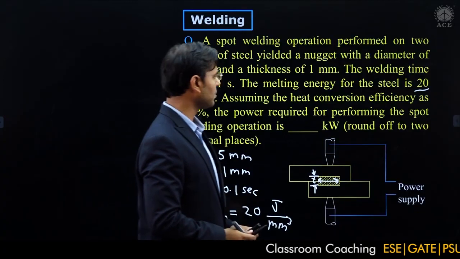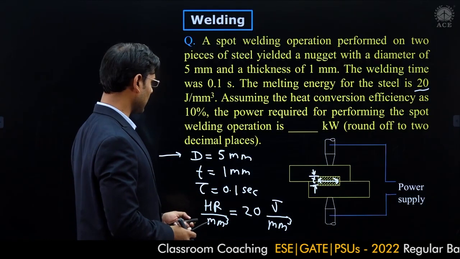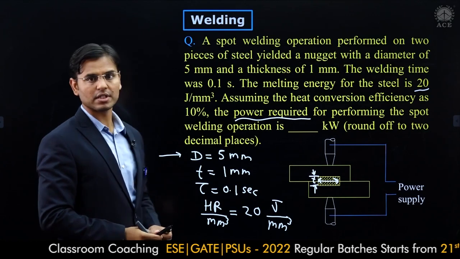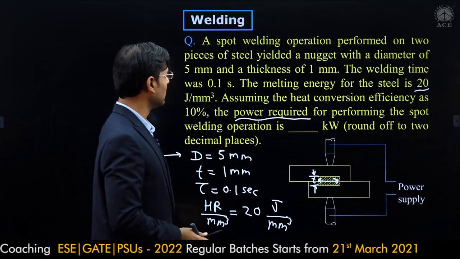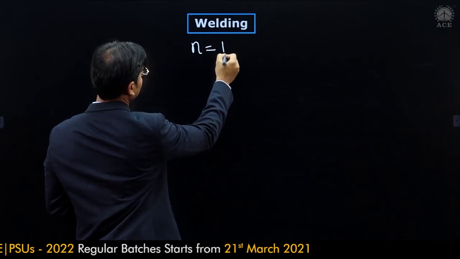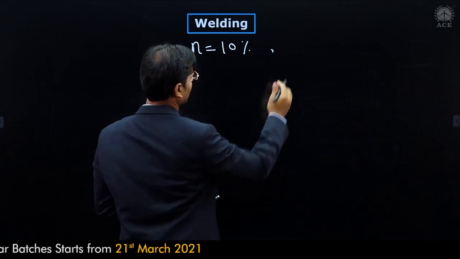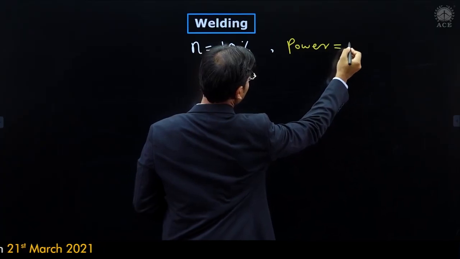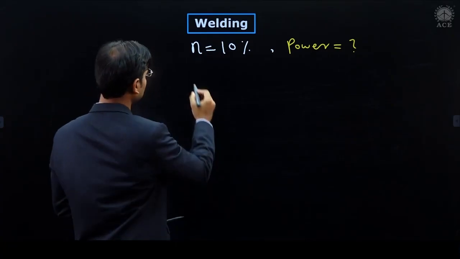Assuming the heat conversion efficiency as 10%, efficiency is given, that is 10%. The power required for performing the spot welding operation is in kilowatt. Here we have to calculate the power. I am writing here the heat transfer efficiency, that is 10%, and we have to calculate power in kilowatt, right?